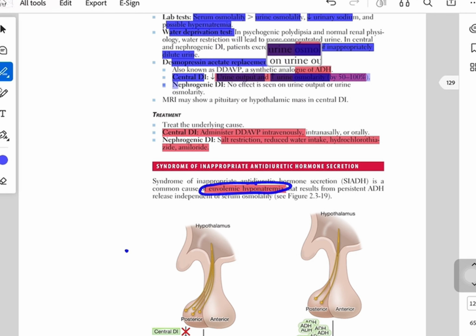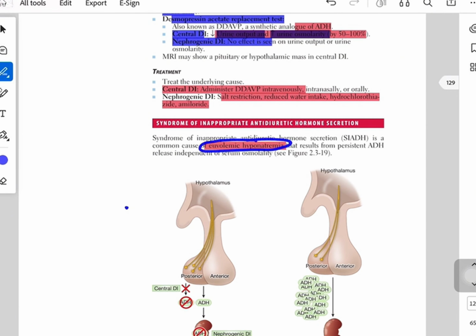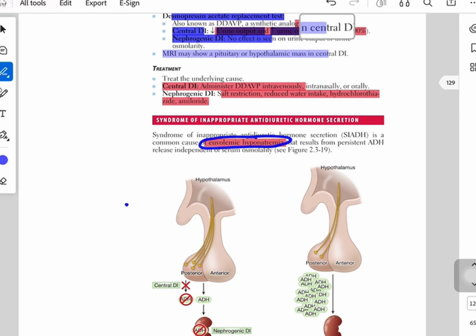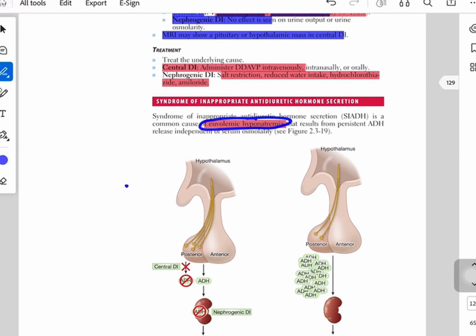If no change, no effect, nephrogenic diabetes insipidus. MRI can be performed to see if there is a problem with the brain. Treatment: underlying cause, and for central, desmopressin. For nephrogenic, salt restriction, reduced water intake, hydrochlorothiazide and amiloride. So this was all about diabetes insipidus and syndrome of inappropriate antidiuretic hormone.